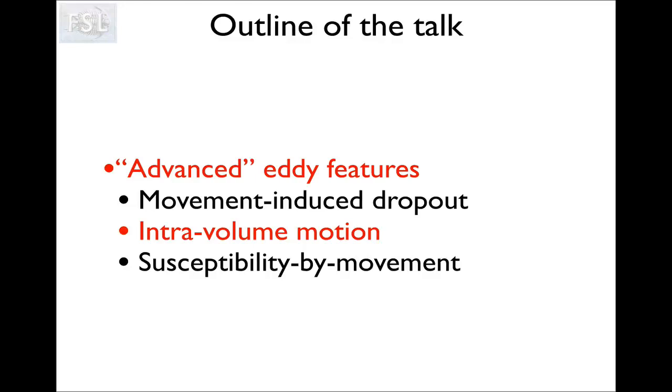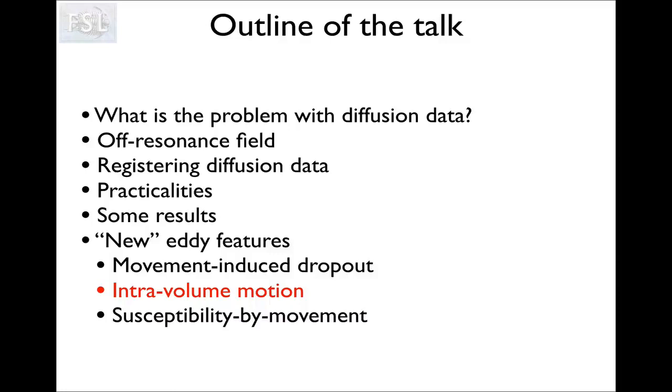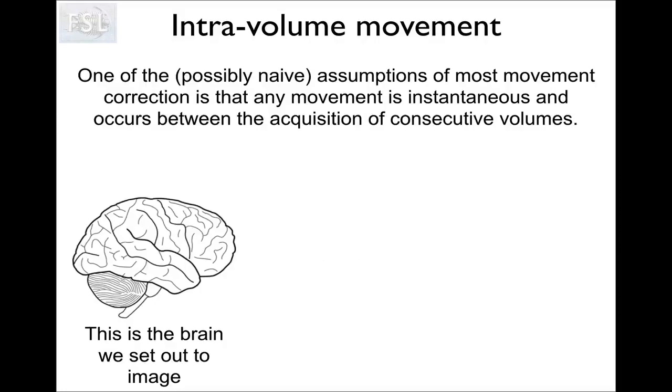The second thing that Eddy attempts to correct for is something called intra-volume movement. So what is intra-volume movement? Normally, the way we do motion correction in fMRI, for example, and earlier also in Eddy, is predicated on an assumption.